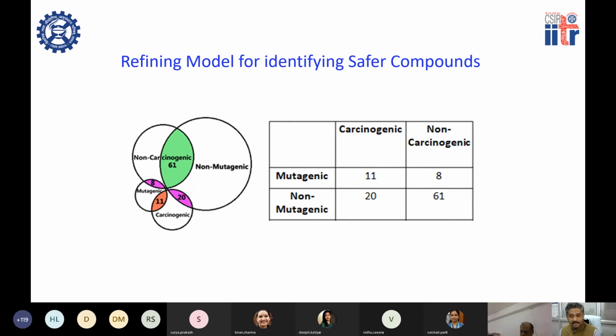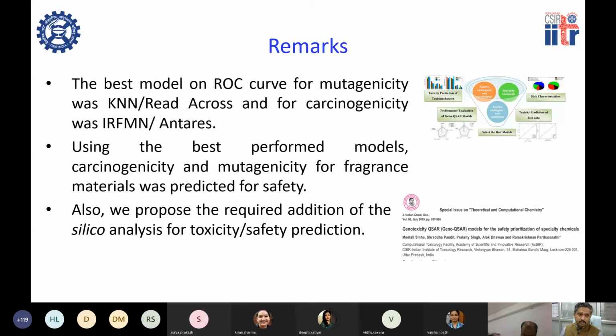Finally, we got a selected set of compounds, and we further validated that against experimental data. So we developed a much more robust and accurate model for predicting mutagenicity and carcinogenicity using existing tools and existing machine learning models.